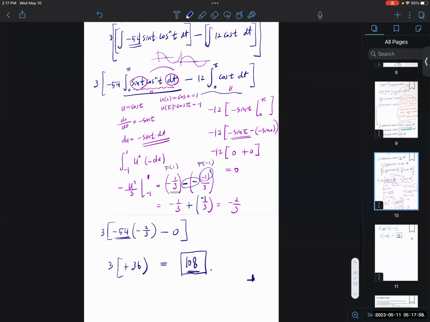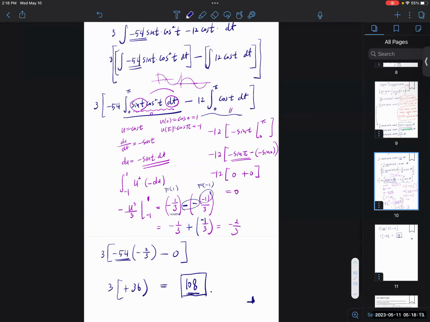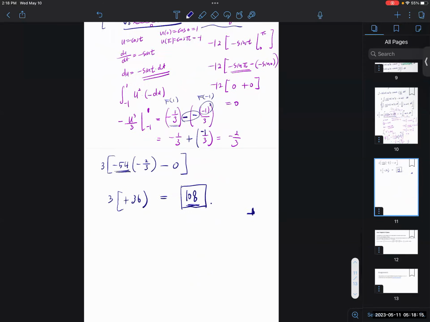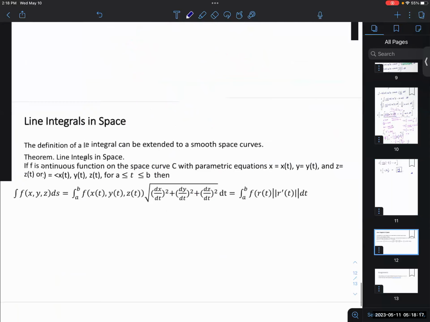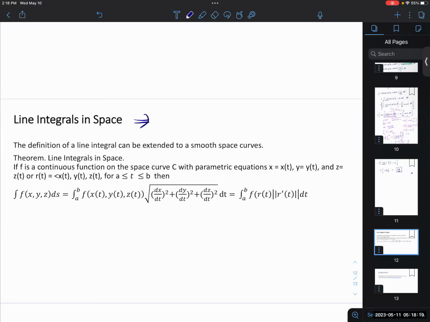Anyway, the second way: we have two different formulas. One is just using the parametric equation, and the second one uses both parametric and polar coordinate systems. So check this out. That's section 6.2. I'm not going to talk too much. One idea is that later you can also expand this to a function of three variables.